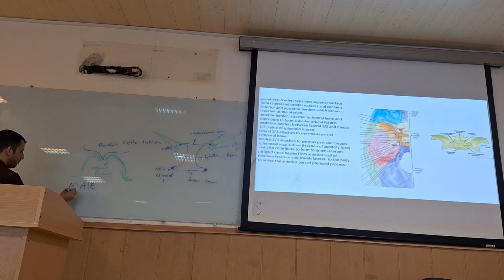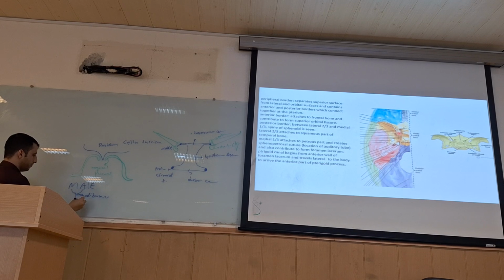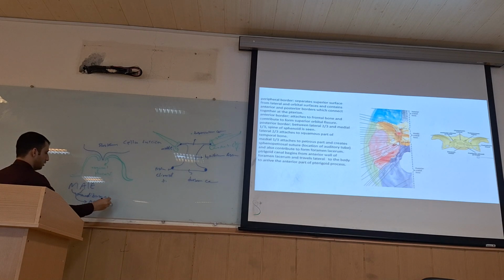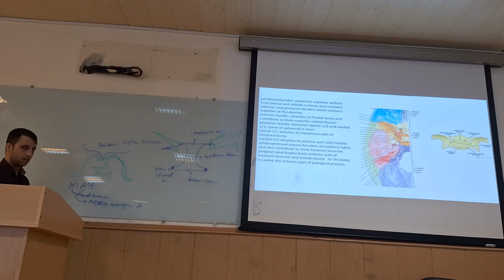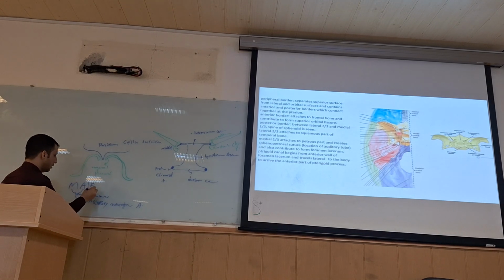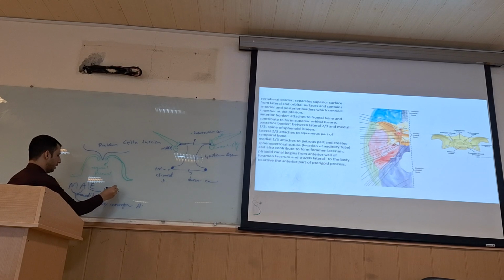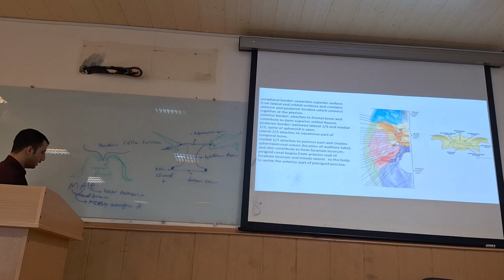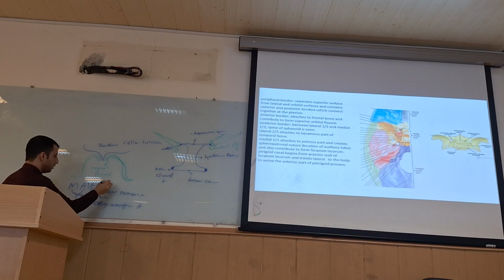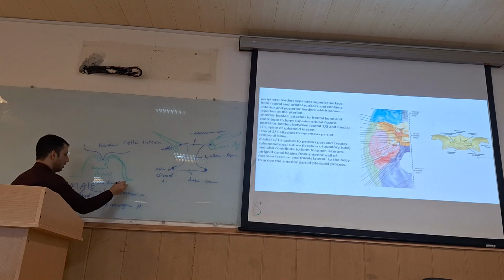What is MALE? M is the maxillary artery, mandibular nerve, A is accessory meningeal artery, L is lesser petrosal nerve, E is emissary vein.